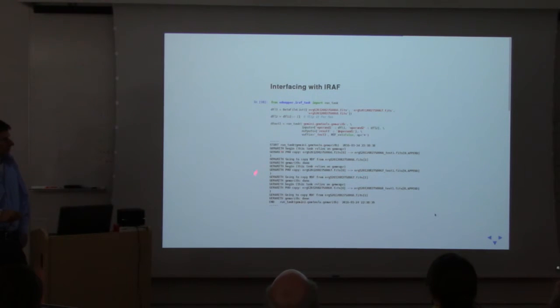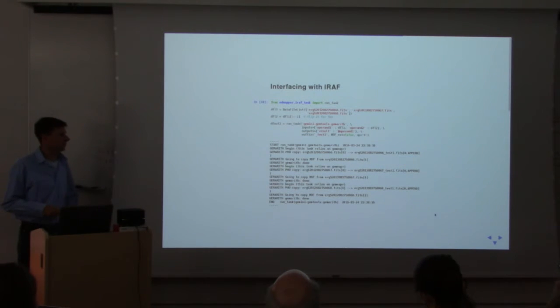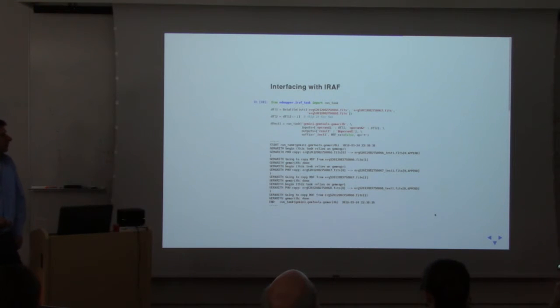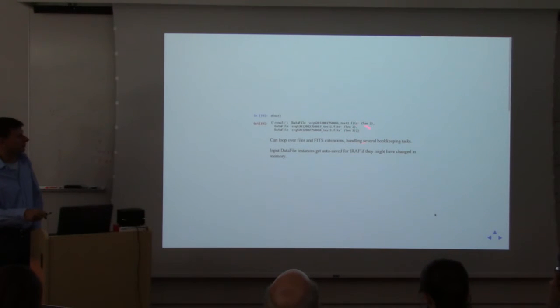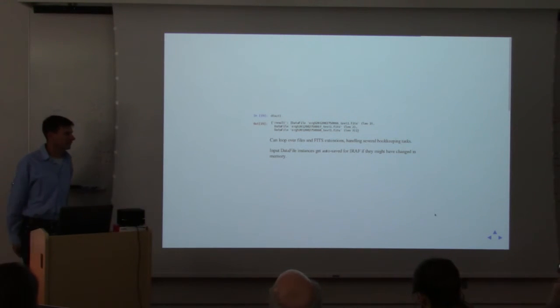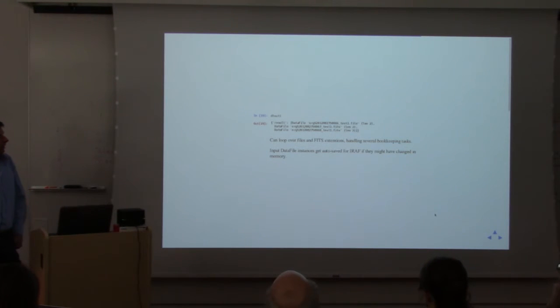So if you run that, it runs the task, checks that the output file was created properly and raises an exception if it wasn't, does some stuff with the logging, and takes care of iterating over the files for you. Then it returns this dictionary of data file instances mapped to this result parameter. So we effectively just ran an IRAF task on a Python object there.